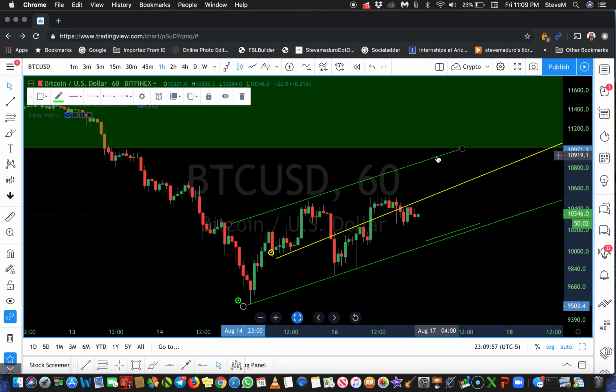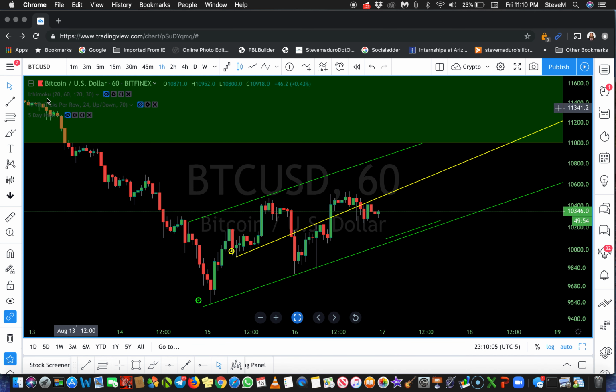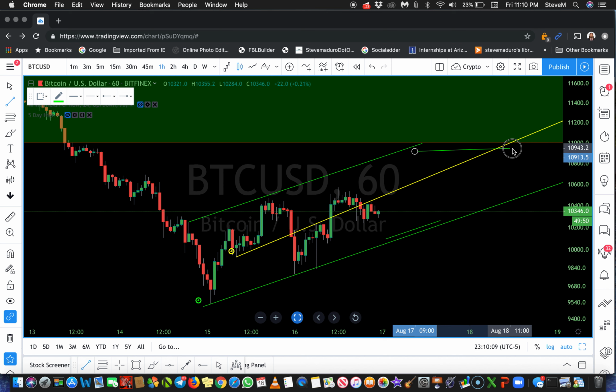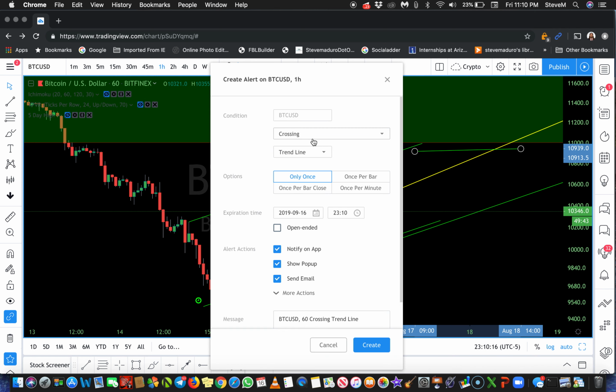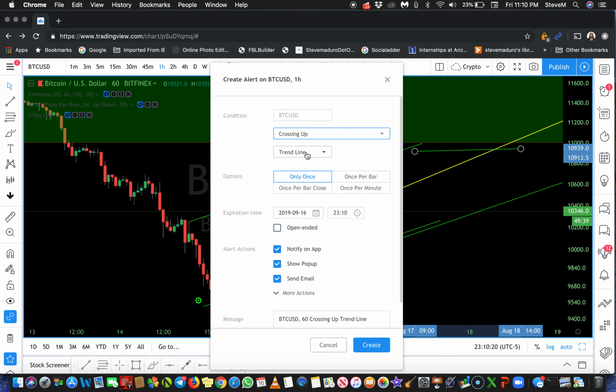I'm also interested in when it gets here, but again, I'm going to take a trend line, and probably what I would do is I'm going to drive here like this. I want to know beforehand that when this thing gets here, I'm going to set an alarm. I want to know when this thing is crossing up my trend line once per minute, or if I only wanted it once, whatever.